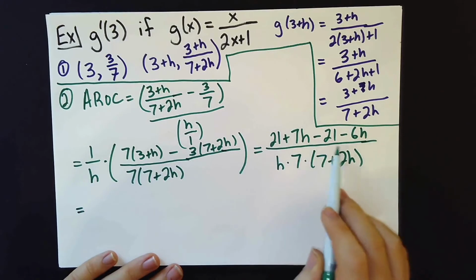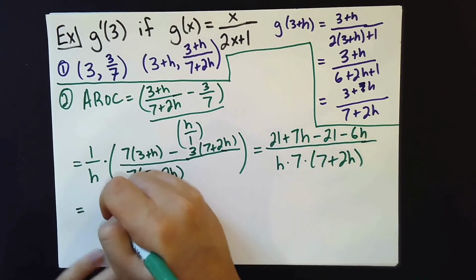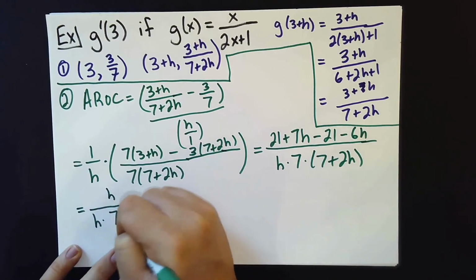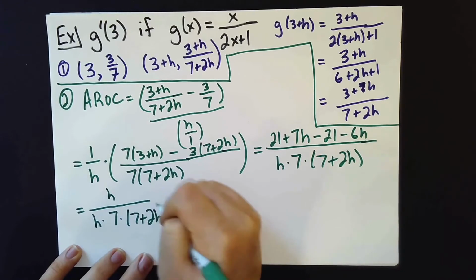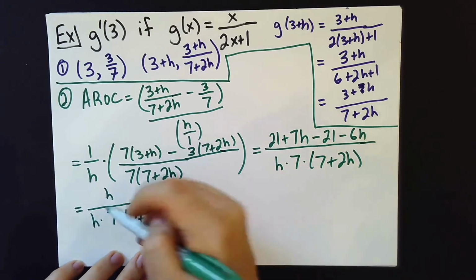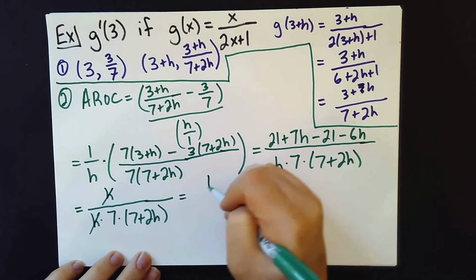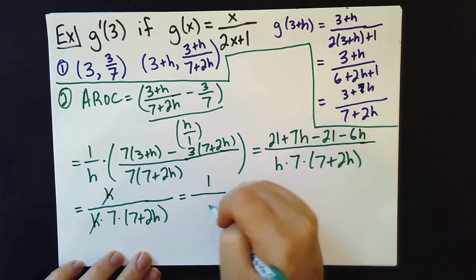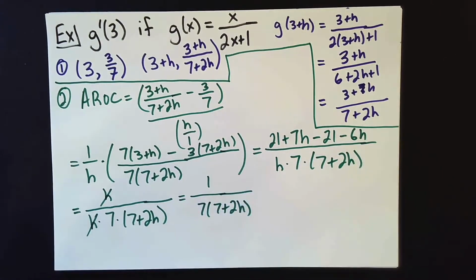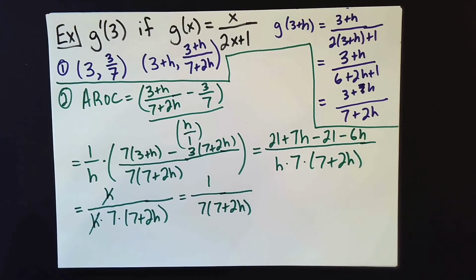Okay. The 21s are going to drop out, and I'm going to be left with just plus h divided by h times 7 plus 2h. And now I hope you see that the h's cancel. And so this is going to be 1 divided by 7 times 7 plus 2h. And this is our answer for the average rate of change piece of this question.